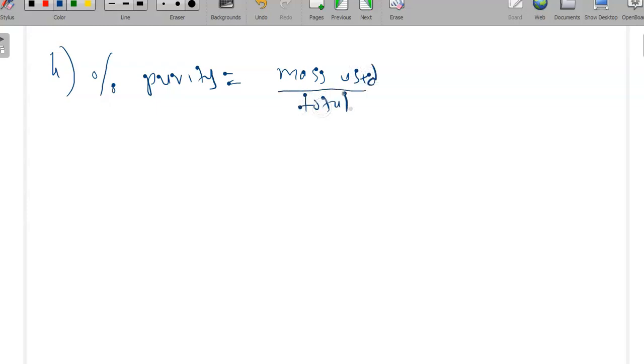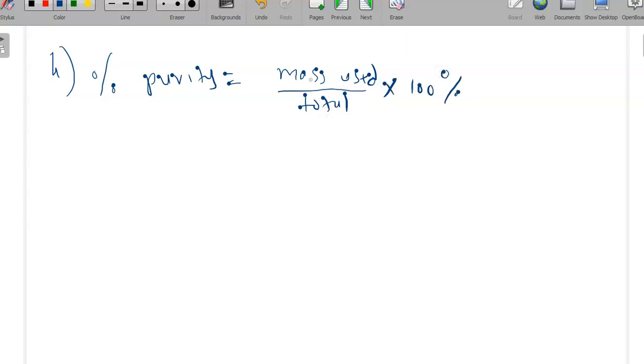is asking percentage purity. Percentage purity is equal to, first we have to get the percentage used, then we subtract from 100. This is what we do: we get the percentage used, mass used all over the total mass times 100 percent.